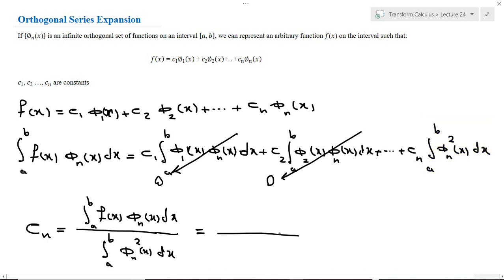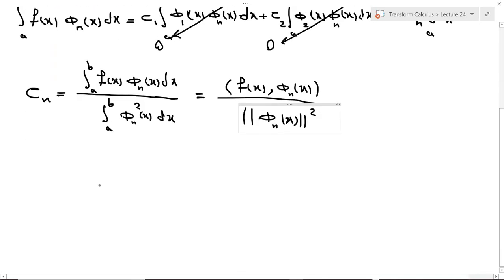The integral from a to b f(x) phi n(x) dx is the inner product of f(x) and phi n(x), and the integral from a to b phi n squared (x) is the norm of function phi n(x) squared. So we could find cn.